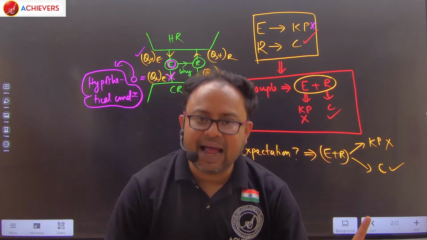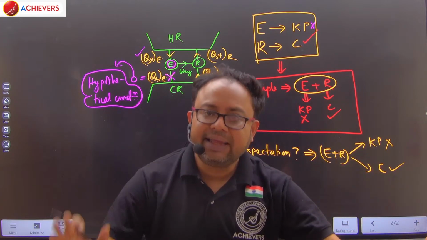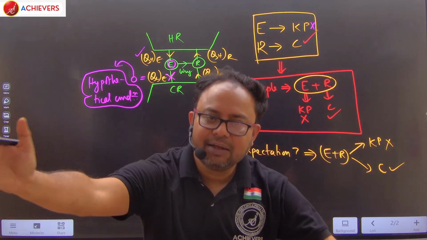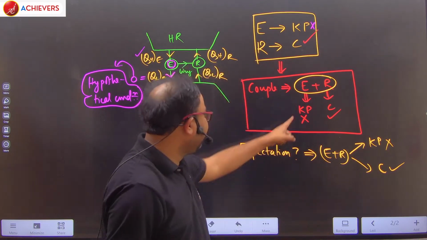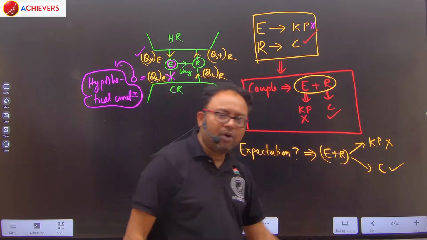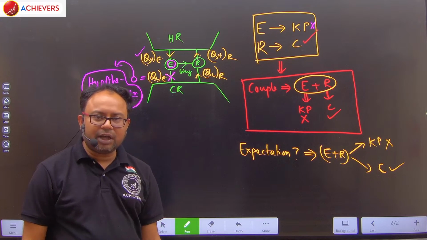We expect that for the couple, Kp will be violated, but C will be followed. This is being expected for the couple.